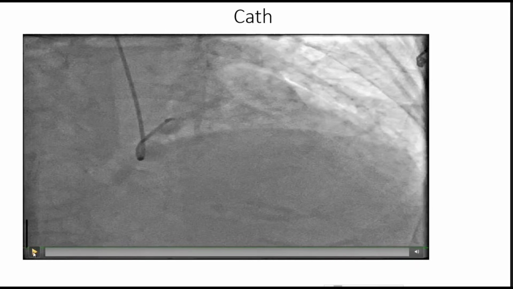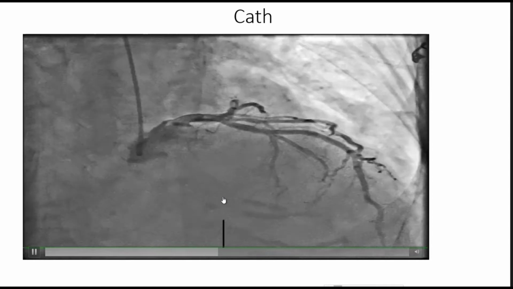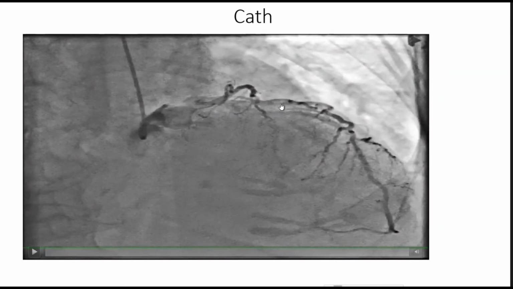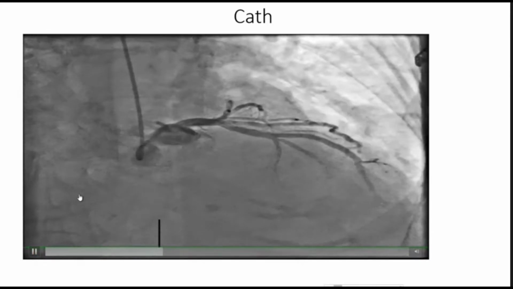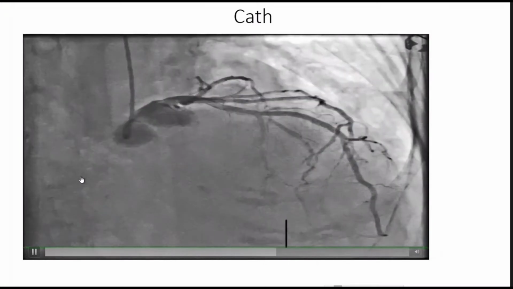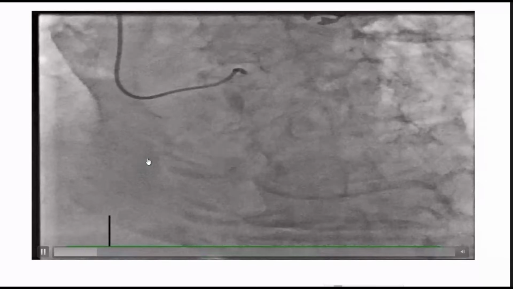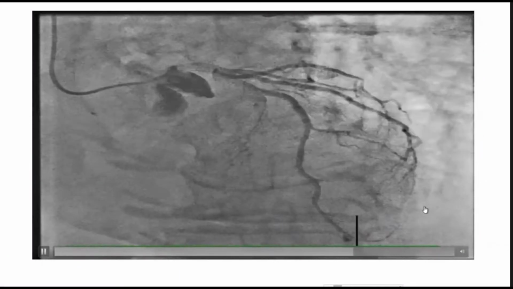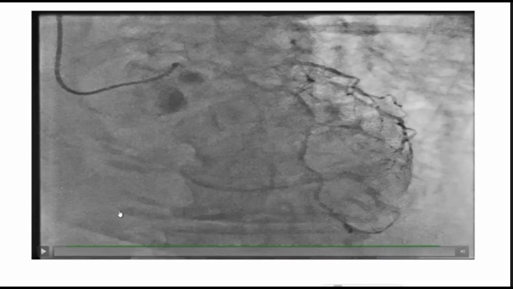So here's the coronary angiogram of the left side. So we're seeing the LAD coming down here and the circumflex is up over here. No obvious occlusions from that view. Continuing on the left side, again, we're not seeing any obvious lesions that would cause an occlusion.